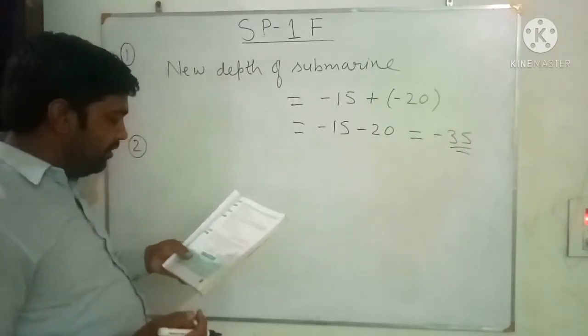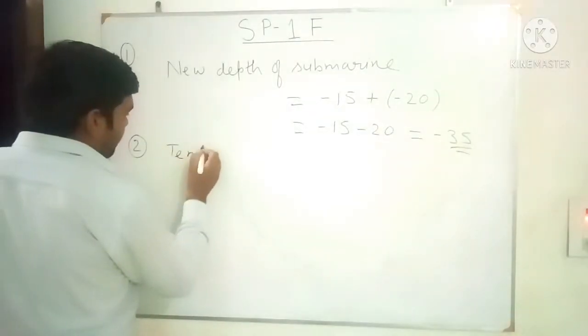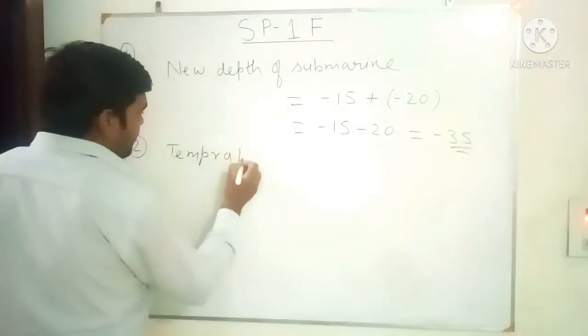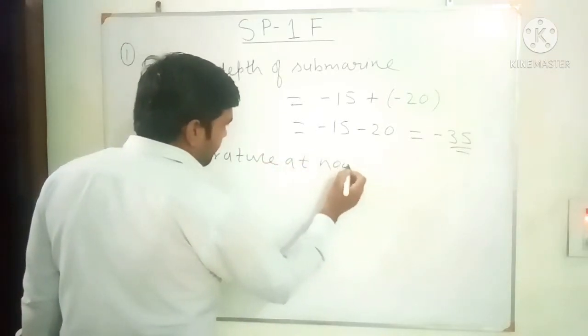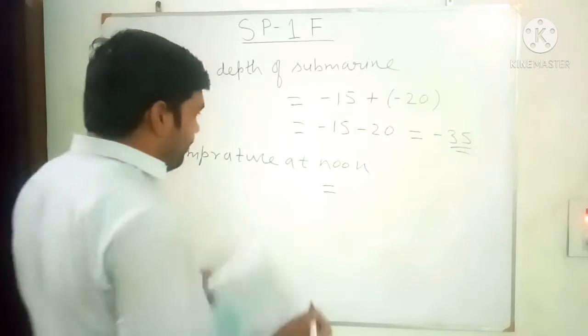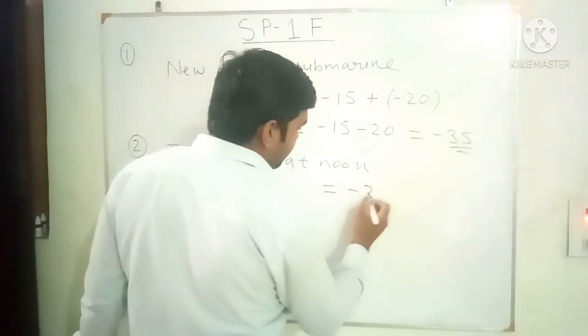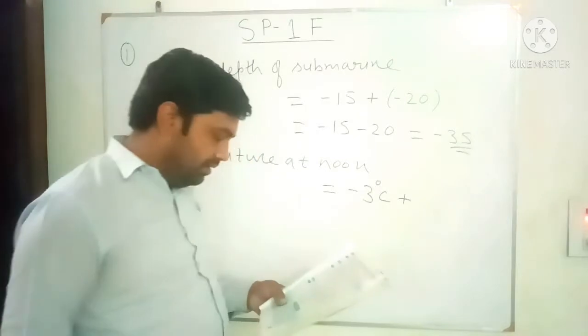What was the temperature at noon? Temperature at noon equals the original temperature in the morning, minus 3 degrees Celsius, and plus for the rose.